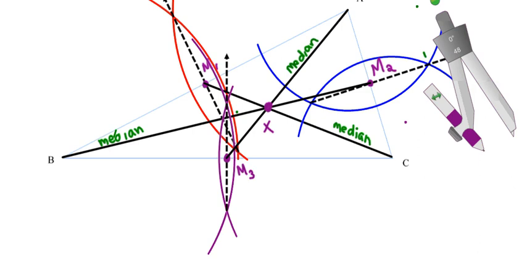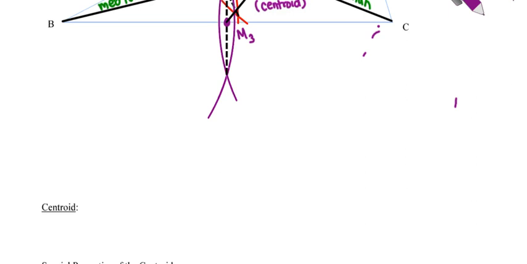That point where the 3 medians of a triangle intersect is called the centroid. So there's your new vocabulary word for the day. The centroid is the point of concurrency where the 3 medians of a triangle intersect.